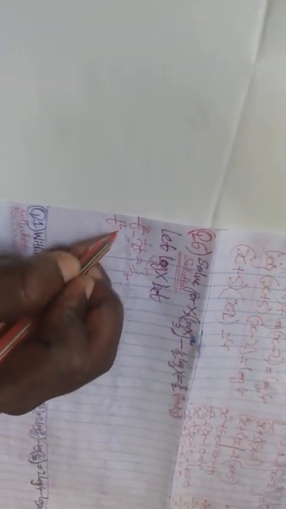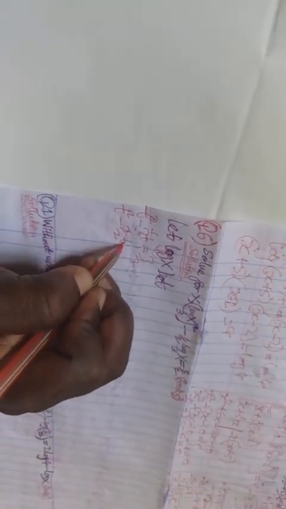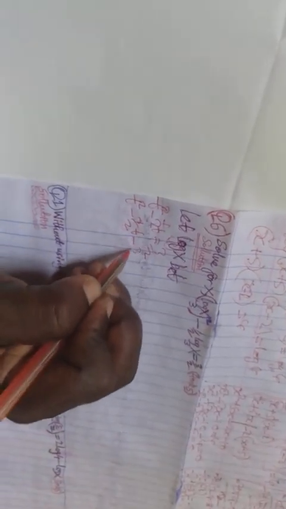T squared minus a half t minus 3 over 2 is equal to 0.